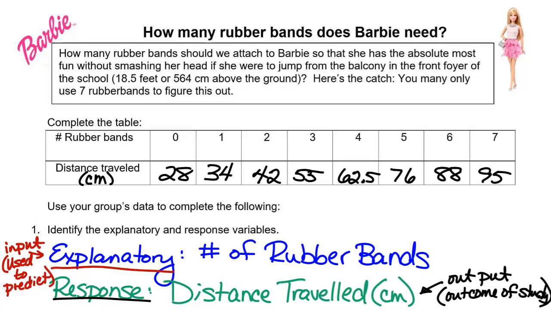And then, do I have the ability to label those little tick marks? How many rubber bands is this one showing me? 0. What about here? 1, 2, 3, 4, 5, 6, and 7.